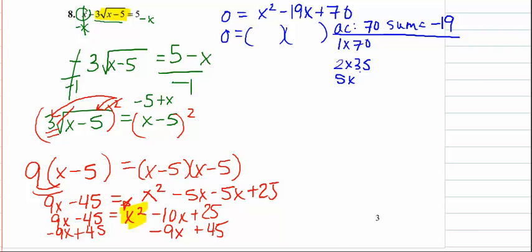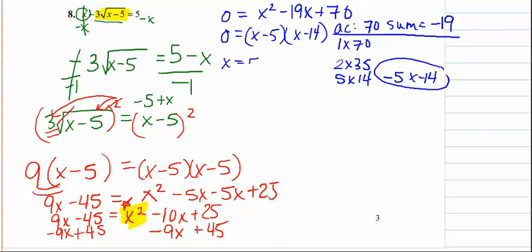So 70 divided by 5 is 14. Now if I stop here, there's my 19, but I want the sum to be negative. So remember that second list is double negatives. So we want negative 5 and negative 14. So x minus 5, x minus 14. Set both of those groups equal to 0, so you get x is 5 when you add 5, and x is 14 when you add 14.